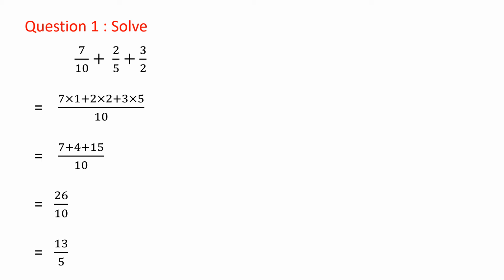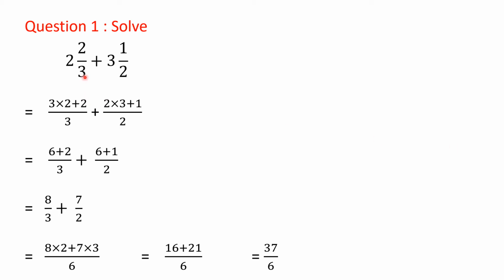Now let's look at the next question. Now you can see both the fractions are mixed fractions. So first you need to convert them into improper fractions, right? So let's see. How do you convert? We have already learned, 2 into 2 by 3. How do you convert? You multiply these two and you add with this, right?